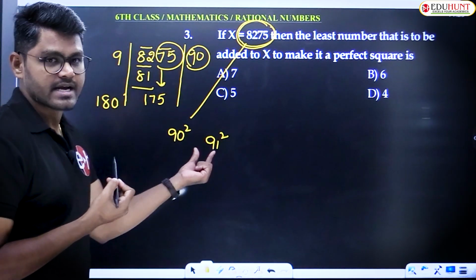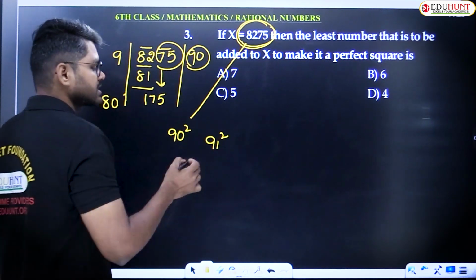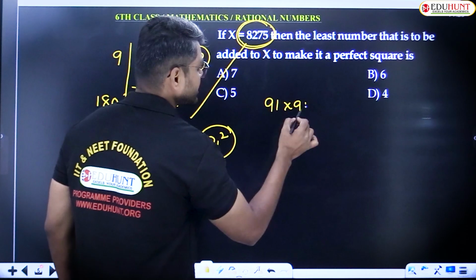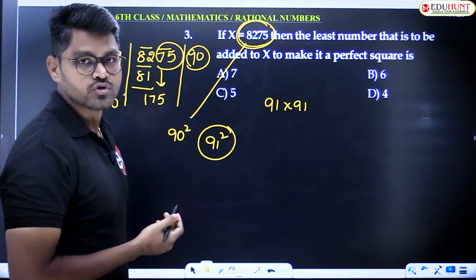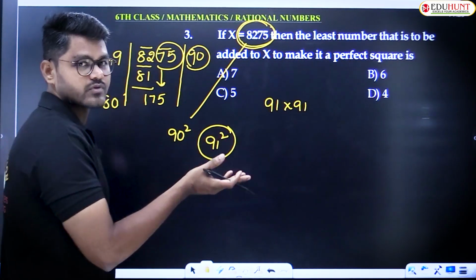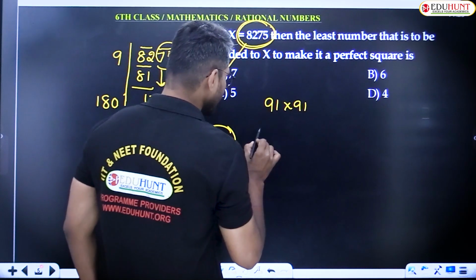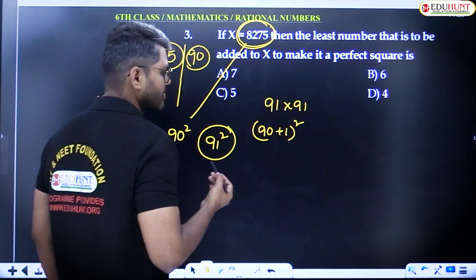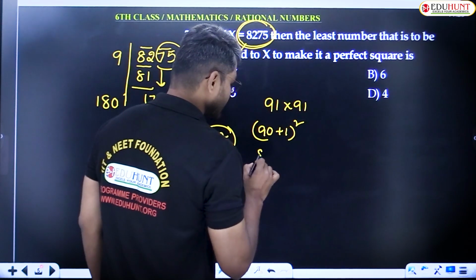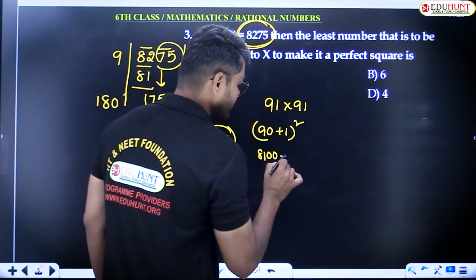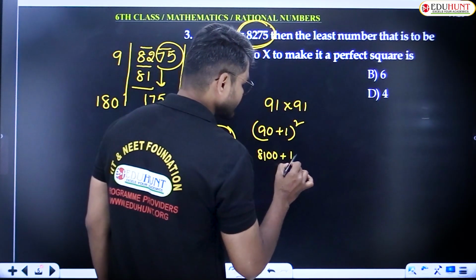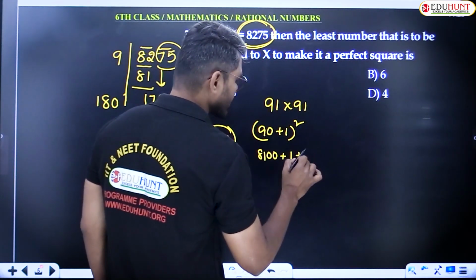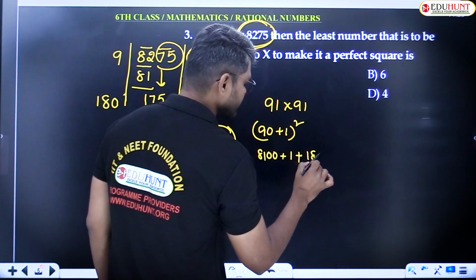Now find 91 square. How do we find 91 square? 91 into 91. Otherwise, you can use (a plus b) whole square: (90 plus 1) whole square. 90 square is 8100, plus 1 square is 1, plus 2ab: 2 into 90 into 1, 2 nines are 18, 180.